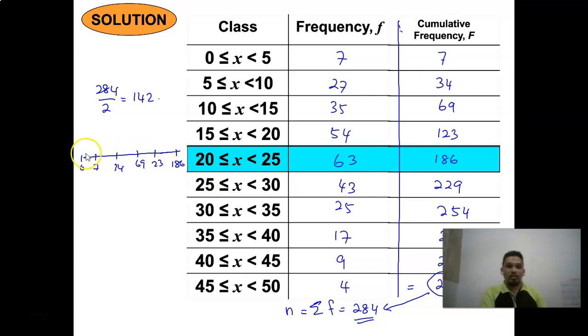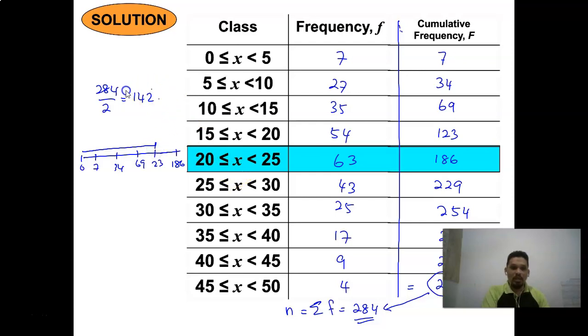So we accumulate from 0 plus 27, 34. 34 plus 35 gives you 69. So it accumulates from one value to another until 123.